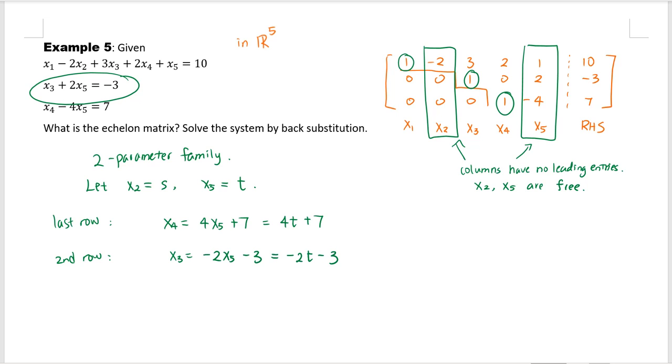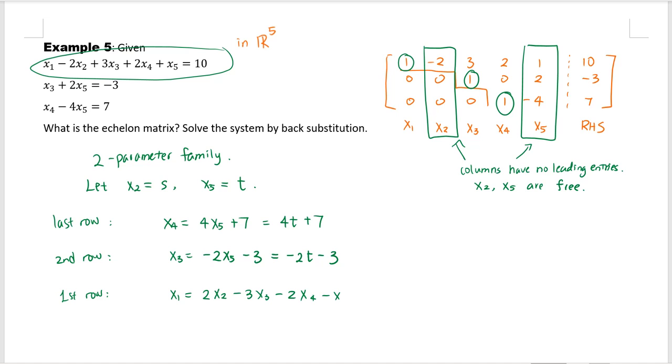And then finally, how about the first row? The first row corresponds to the first equation, and we can solve for x1. So for x1, we move all the other terms to the right-hand side. So we have 2x2 minus 3x3 minus 2x4 minus x5 plus 10.